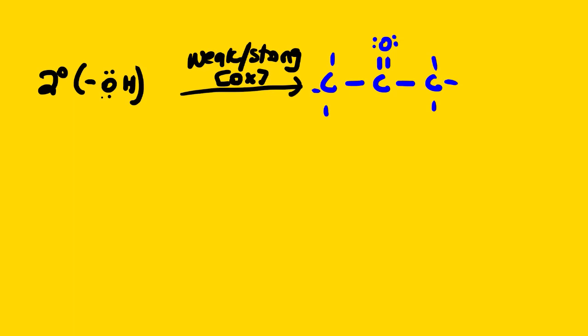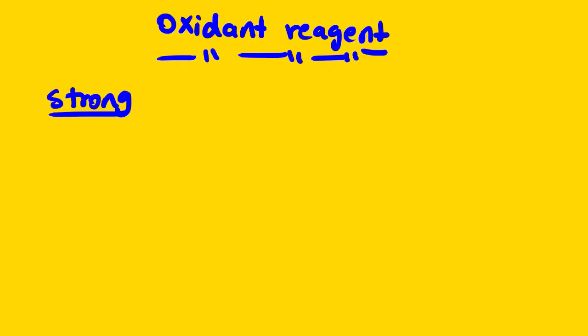This is very important. And then we know that tertiary, there's no reaction at all. Since we are dealing with oxidation whereby we add oxygen atoms, most of the oxidants contain oxygen atoms.